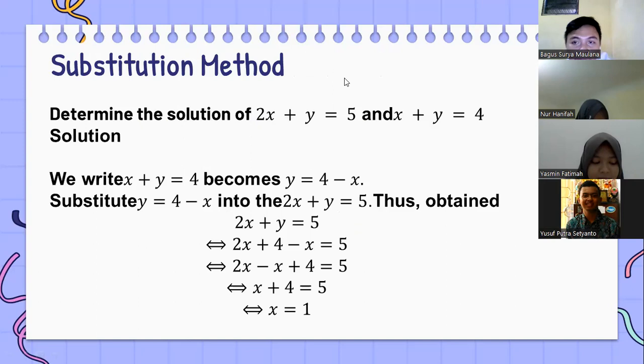So what is the substitution method? To determine the solution of these linear equations, we take x plus y equals 4, which becomes y equals 4 minus x.